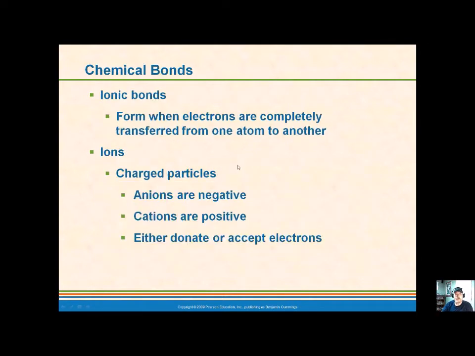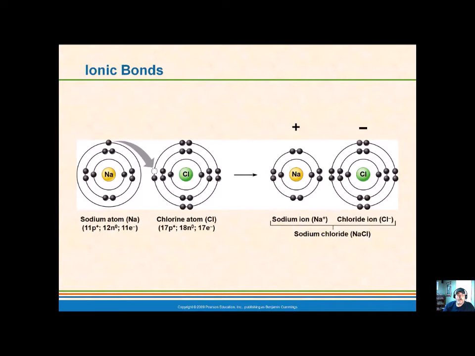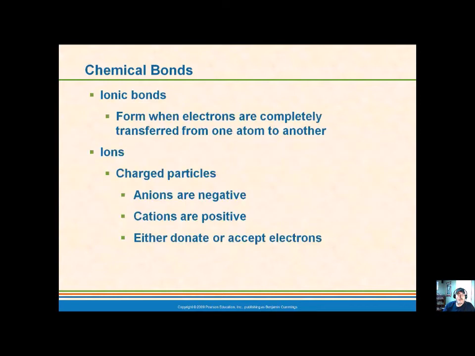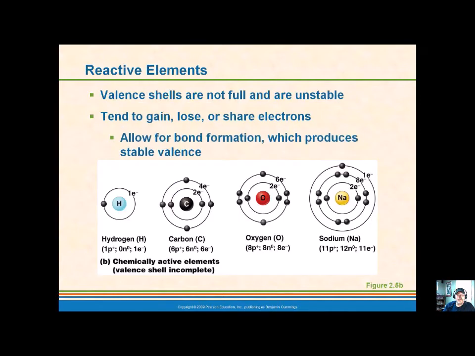Now, some different types of chemical bonds. We have ionic bonds. These are ions, also known as electrolytes. When you have something that gives up an electron, like the sodium would in a reaction, you're going to get an ionic bond.